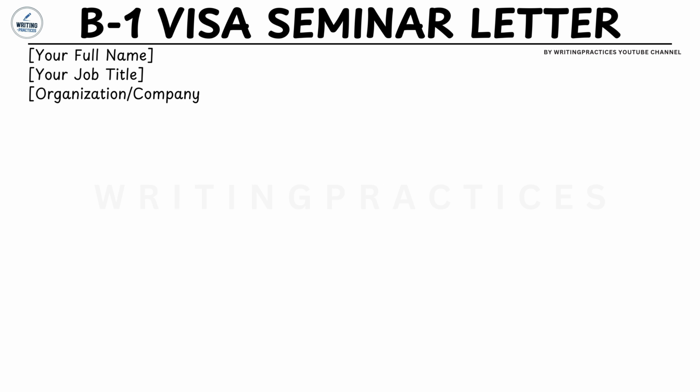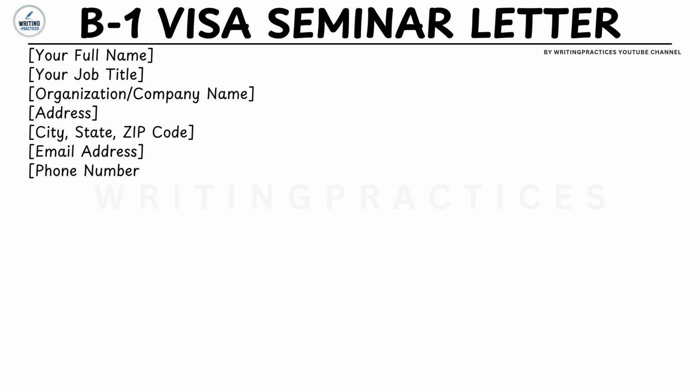Let's get started. Sender's information. The letter begins with your information, since you or your organization are the ones issuing the invitation. This includes your full name, your job title, your organization or company name, your address, your city, state, and zip code, as well as your email address and phone number. This section establishes credibility and authority. The U.S. Embassy or consulate needs to know exactly who is extending the invitation and how to verify the legitimacy of the request.